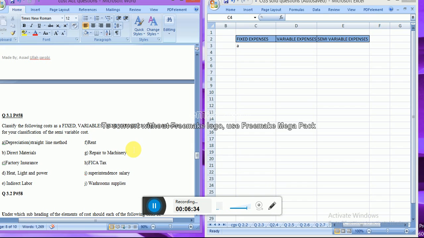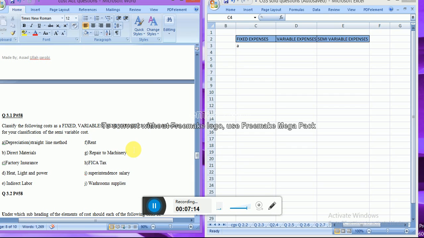And if we decrease the production, the direct material cost will also decrease. That's why direct material cost is taken as a variable cost.